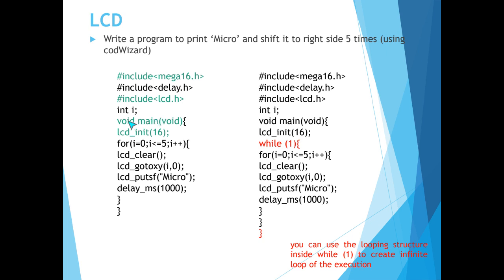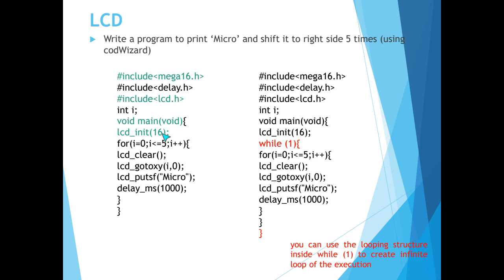Moreover, as I remember, I talked about different types of LCDs and initializing of LCD. And we said that we need to initialize LCD because we are using the 16 by 2 LCD. Then we should write this code. And why 16? Because the number of the columns that are used in our LCD is 16.